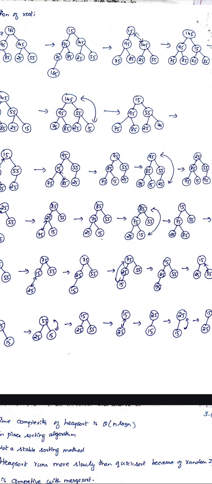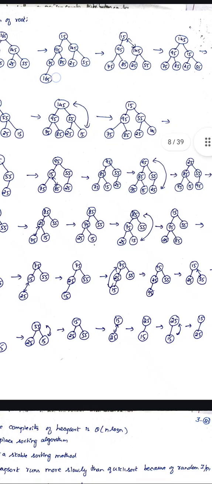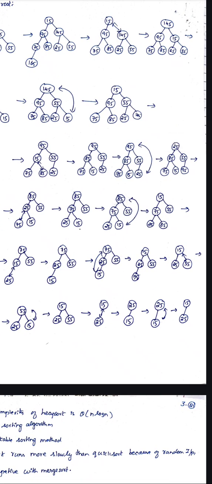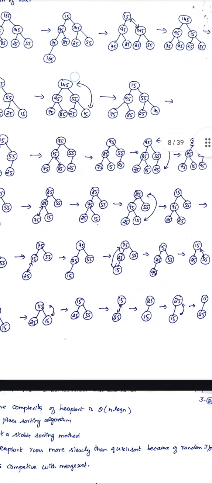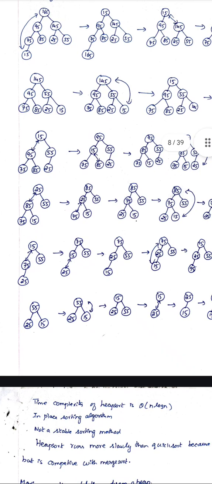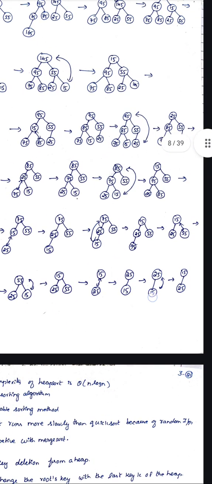Deletion of the root with the end leaf node is like this. 145, then swapping both of them. Then we have swapping, it gives you this value, then the root is removed. We have to compare with the larger value, that is 95 and 15. Then 15 and the larger value is 85, so 15 and 85 are compared, then 85 is kept there.